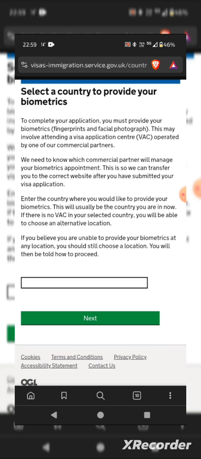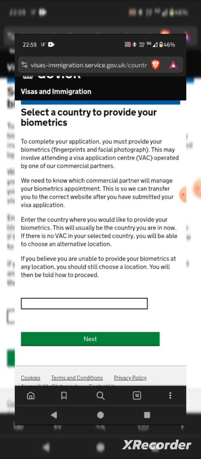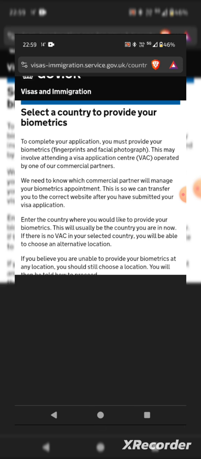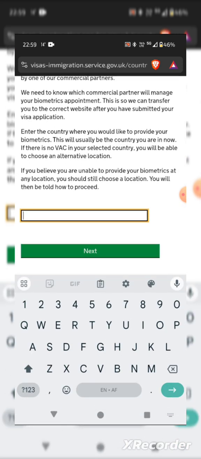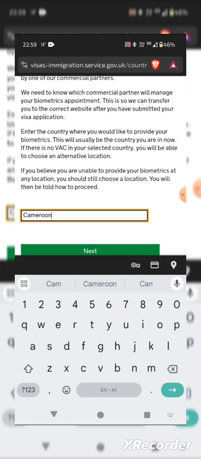Okay, so the country that you select is the country where you are, or the country where you want to do your visa application in, but probably it will be your home country. Or if you are outside, choose the country where you are living in. For example, if I choose Cameroon, I'm from Cameroon.